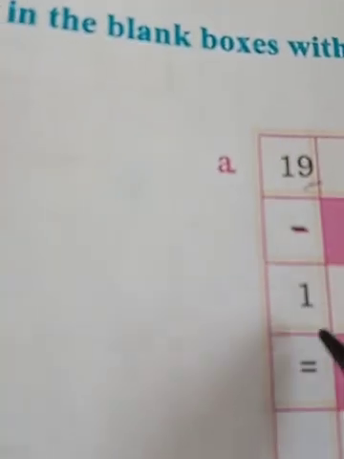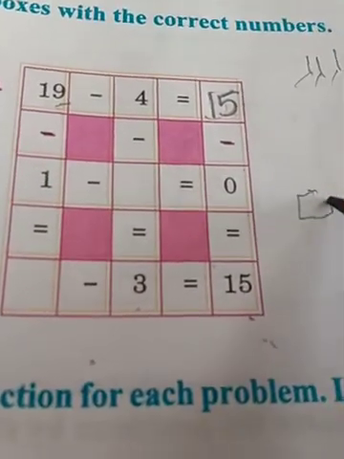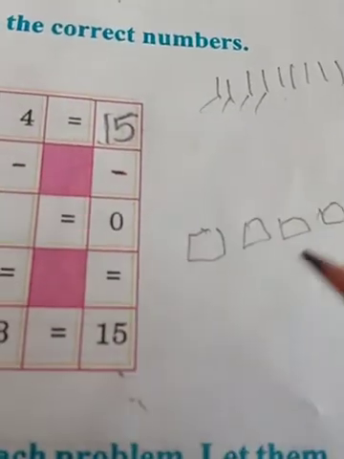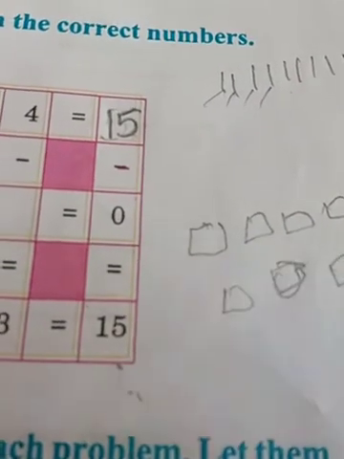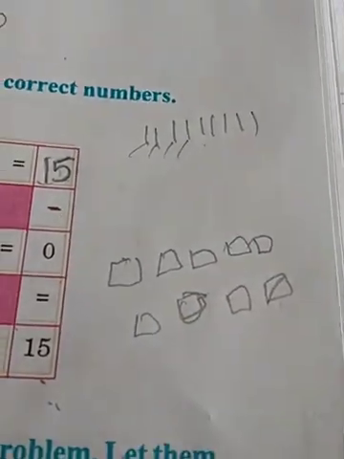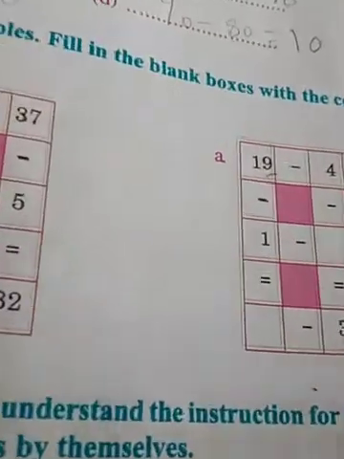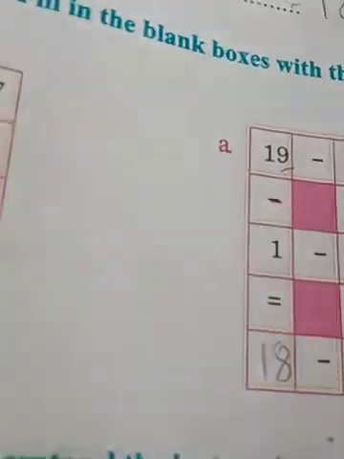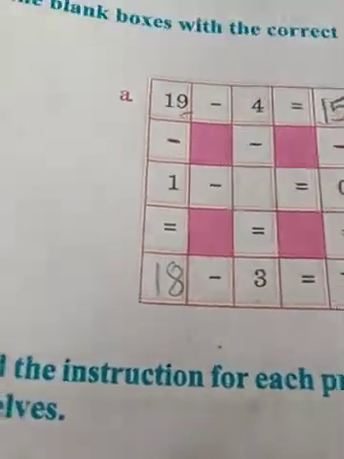Here 19 minus 1 equals how much? 9 minus 1. So we have 9 boxes. 1, 2, 3, 4, 5, 6, 7, 8, 9. So 1 subtracting here. Remaining 1, 2, 3, 4, 5, 6, 7, 8. So 18. So 19 minus 1 equals 18. 18 minus 3, already having answer.